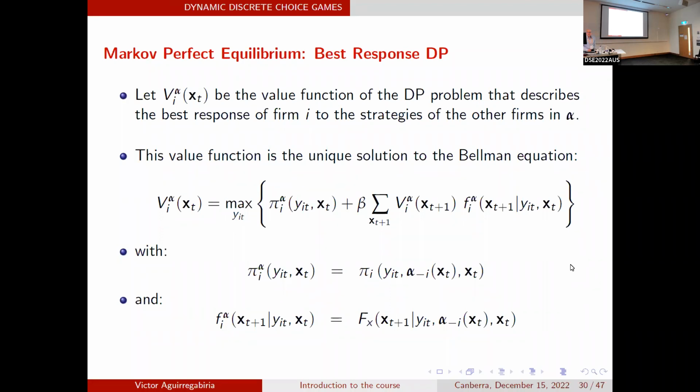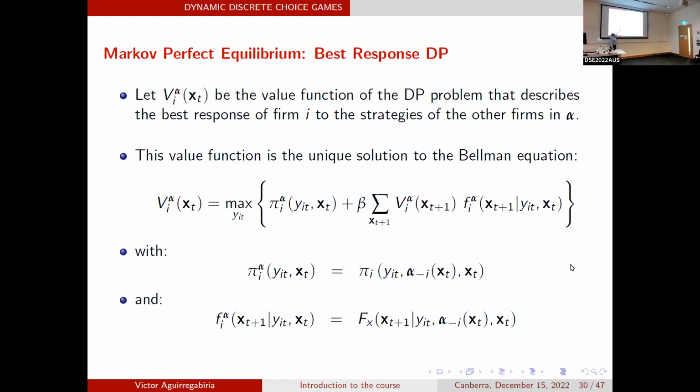This value function is the unique solution of the dynamic programming problem described by this Bellman equation, which is a standard dynamic programming problem once we define this payoff function and these transition probabilities of the state variables.